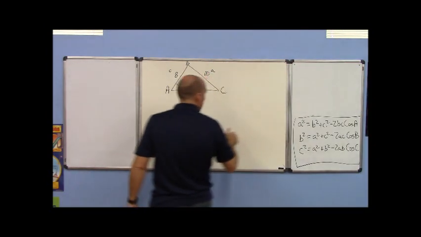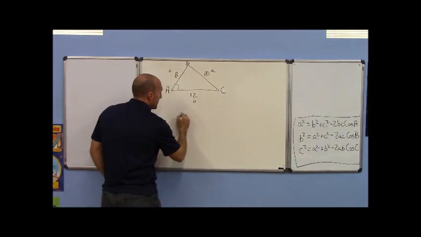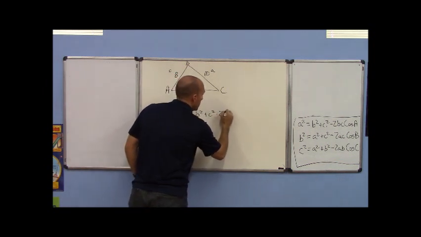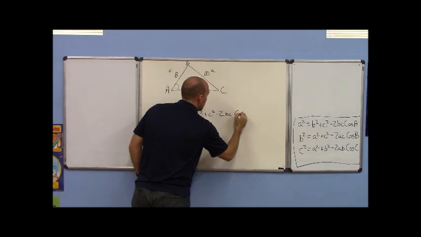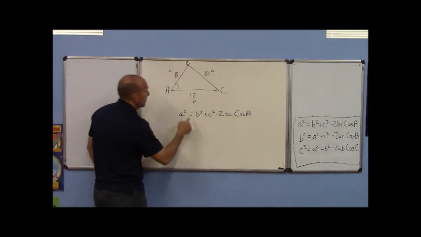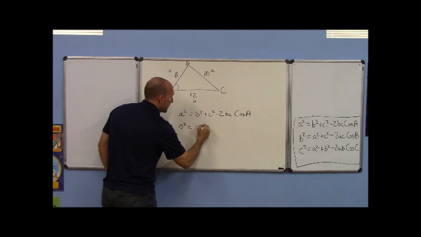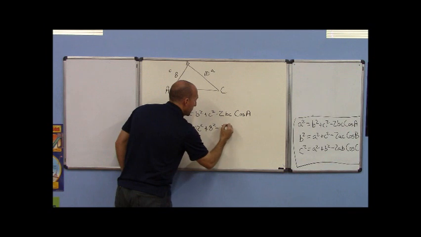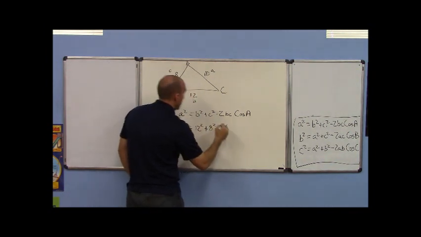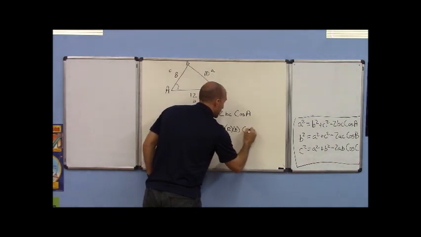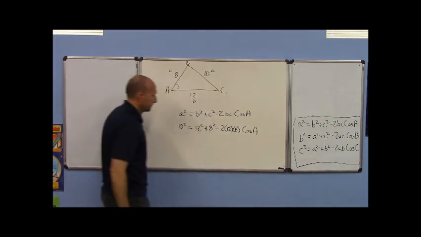So we know that we will have a squared equals b squared plus c squared minus 2bc cosine of angle A. So we will have 10 squared equals 12 squared plus 8 squared minus 2 times 12 times 8 times the cosine of angle A.